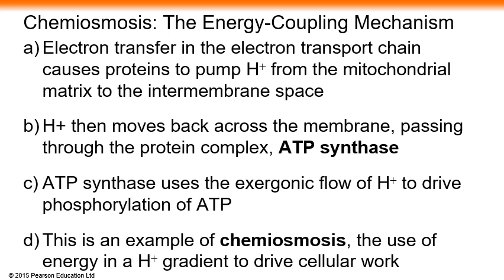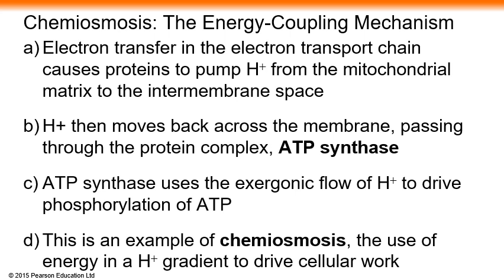When electrons go through the electron transport chain all the way to O2, they pass through every carrier molecule, and each carrier changes between reduced and oxidized forms. In the reduced form, sometimes it accepts an electron and at the same time an H plus ion.